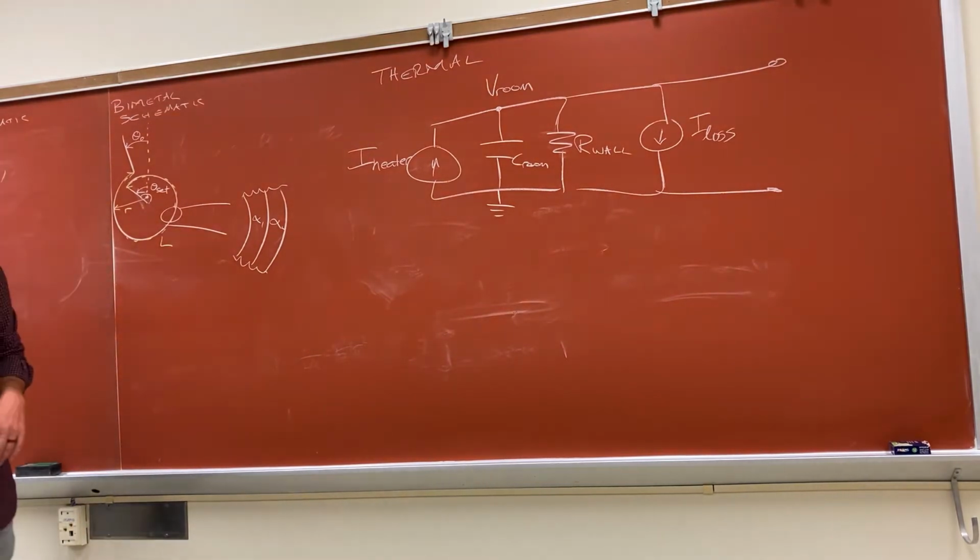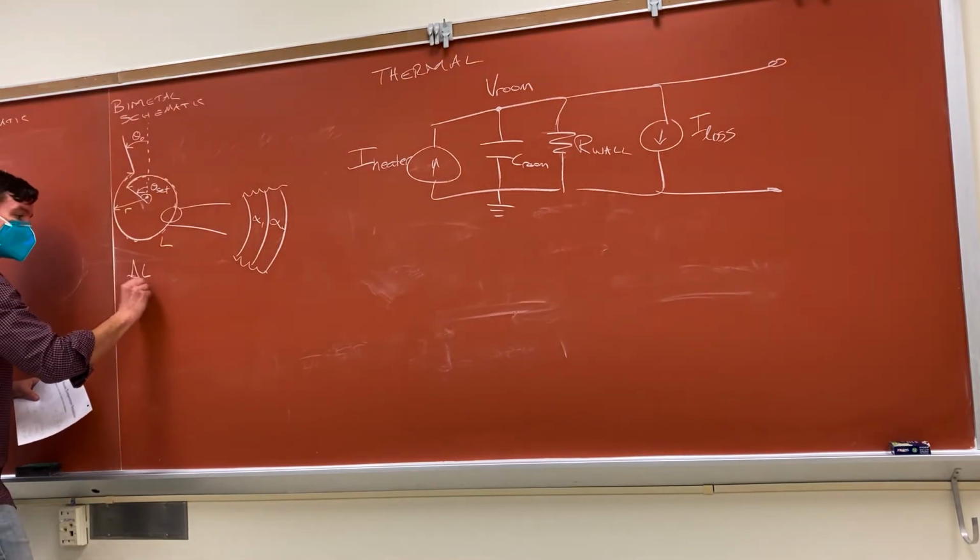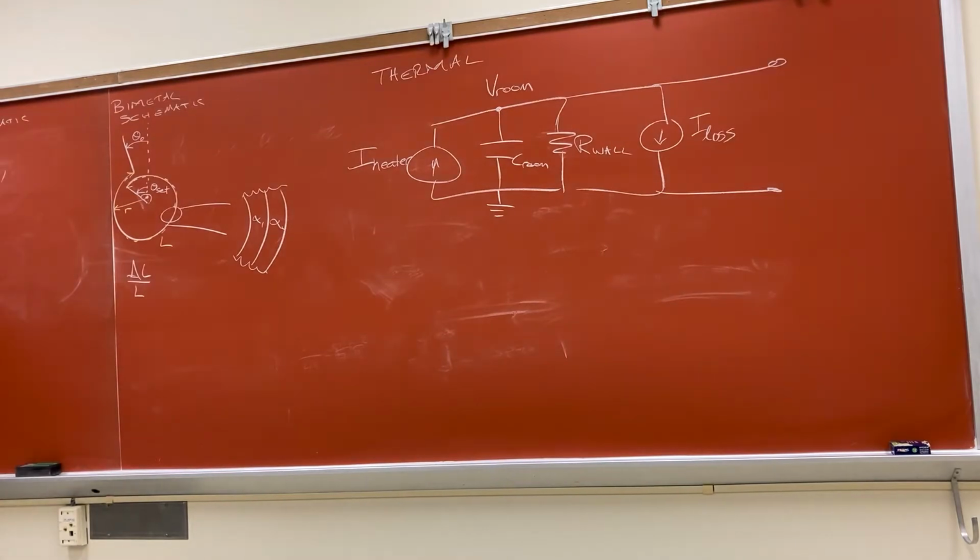Okay, so let's talk a little bit about coefficients of thermal expansion. In general, your percent change in length, and if you tune out for the next 5 minutes, it's perfectly okay, this is not EE stuff.